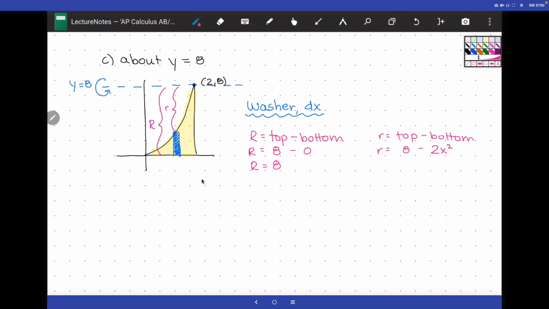And then we literally just plug into the formula. The volume is pi times the integral of big R squared minus little r squared. And we already said it was a dx problem. What are the limits of integration going to be?